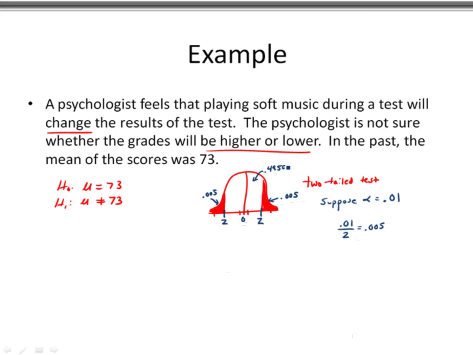Since it falls halfway in between, I'll use the larger value of 0.4951. And so I can see that my Z-scores are going to be positive 2.58 and negative 2.58. And I have my critical values.